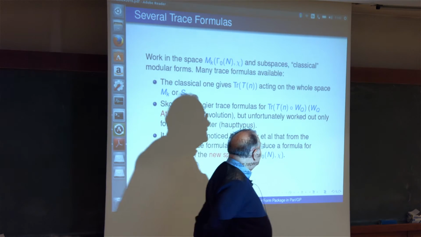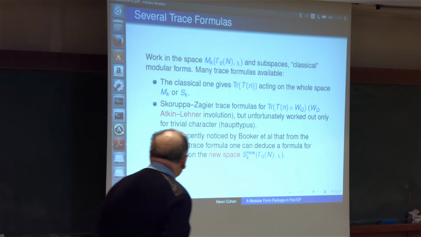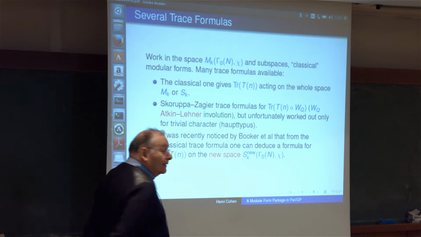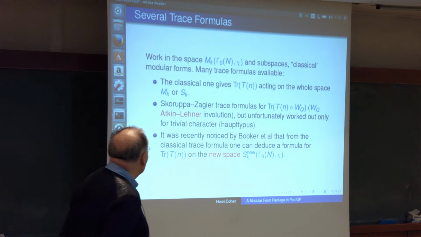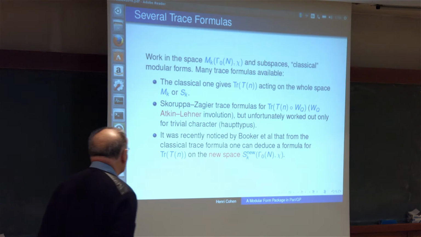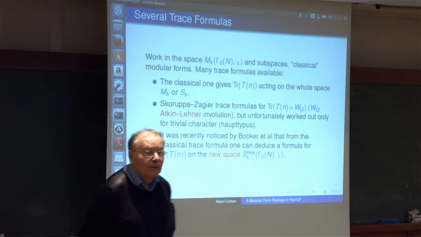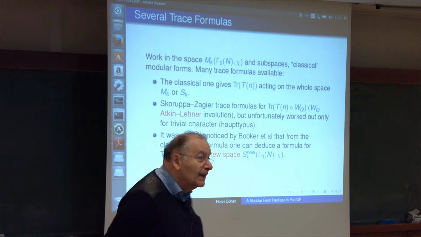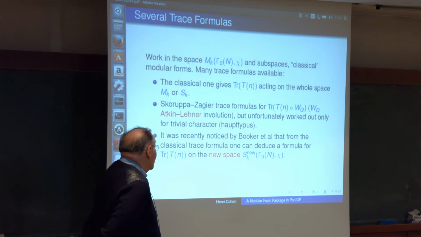It gives the trace of T_n composed with the Atkin-Lehner involution W_Q. Unfortunately, their formula is already complicated enough, and they worked it out only for trivial character. It would really be nice to work it out for any character, but as usual, this kind of work would not be recognized by the mathematical community, so it would be useful, but nobody will do it.